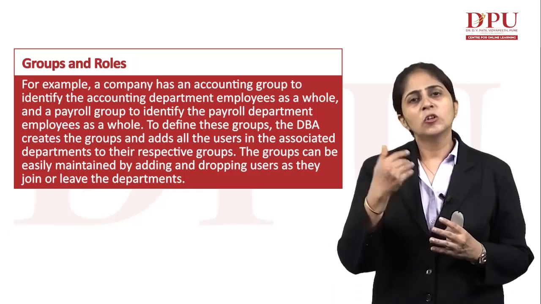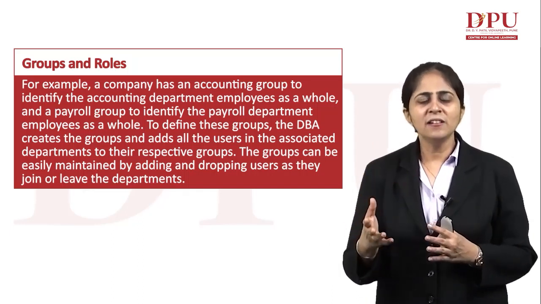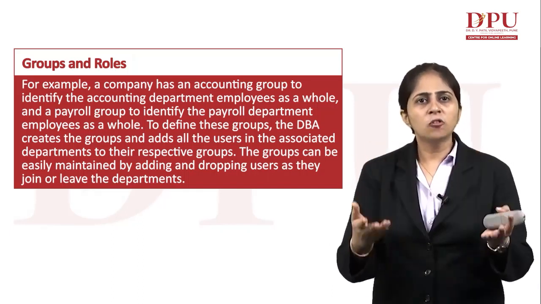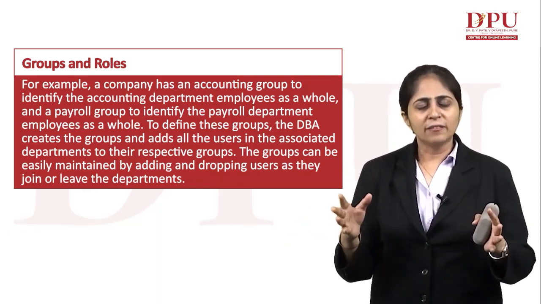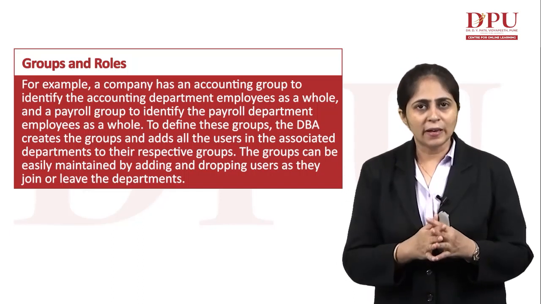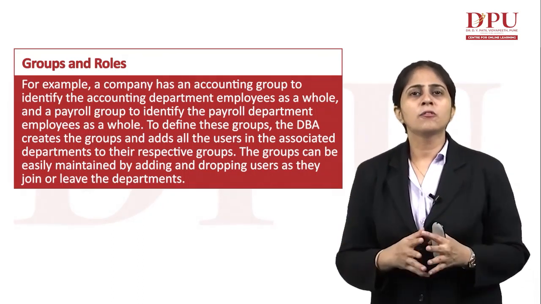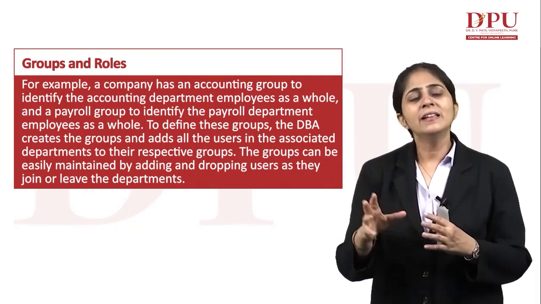The administrator who has the task of allocating all the resources. The DBA, the database administrator, creates the groups and adds all the users in the associated department to their respective groups. Now the groups can be easily maintained by adding and dropping users as they join or leave the department. Like if we have various people in the accounting department, a whole group will be created for them by the DBA.